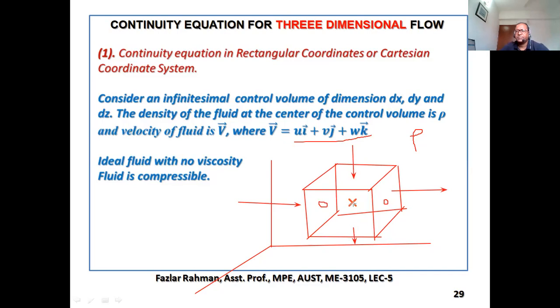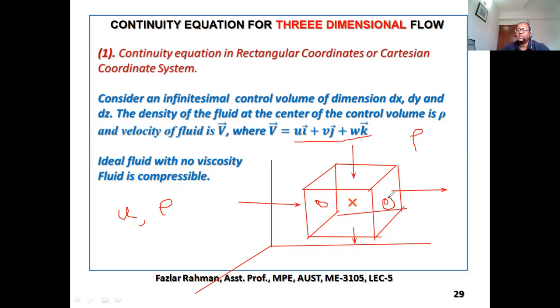At the center along the x-axis, the velocity of the fluid is U and the density is rho. The velocity at the face is not the same U, because it is also changing.